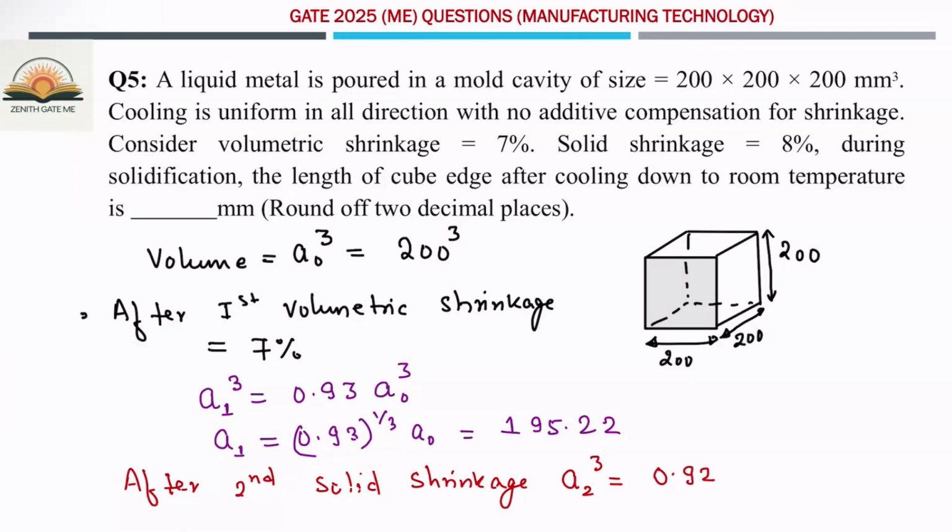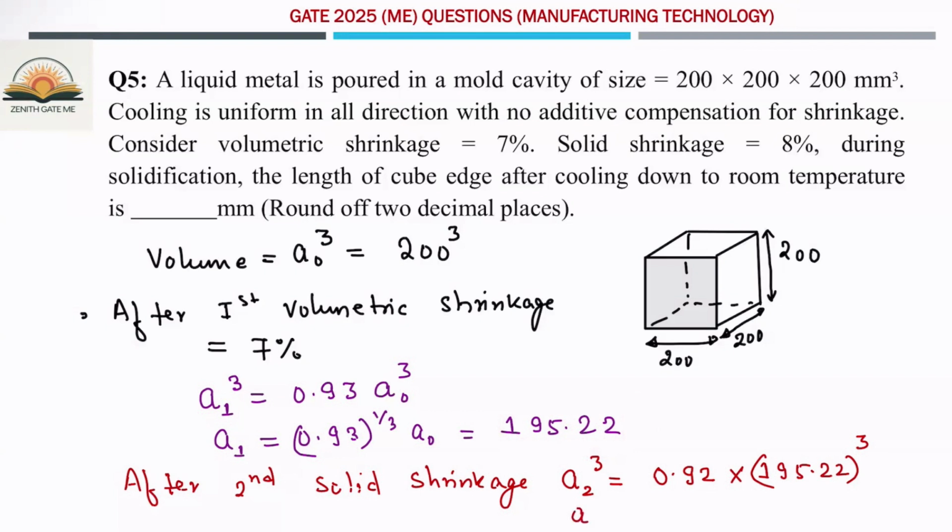Why 0.92? Because 8% is shrinkage. That means the volume after the first volumetric shrinkage is nothing but 195.22 to the power of 3.